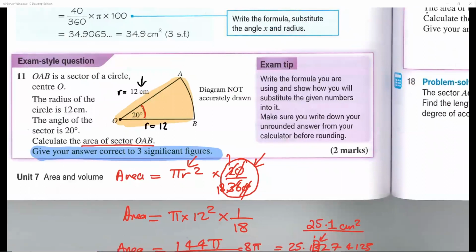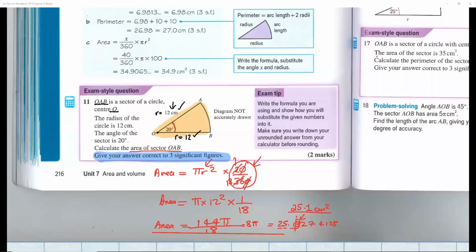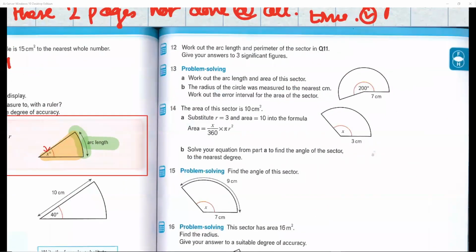It says OAB is a sector of a circle center O. They don't need to tell you that's the radius; you should know it. And not only is the top one the radius, the bottom one is also the radius, which they don't need to label. Yes, it's always going to be the radius. Good question.